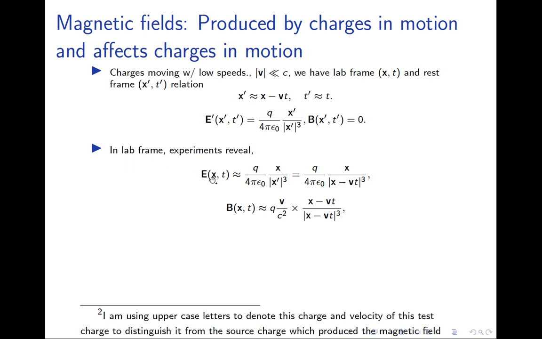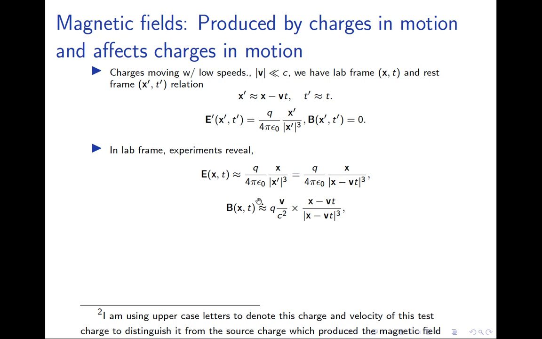So in the laboratory, just as Coulomb arrived at his law experimentally, we can do experiments to find the electric field produced by this moving charge, and it turns out to be given by this expression, which is almost like Coulomb law, except instead of x prime you have x here. The denominator remains the same, however the numerator changes to x. So if x prime is the trajectory of the charge, which we know is x minus vt, because we have this equation.